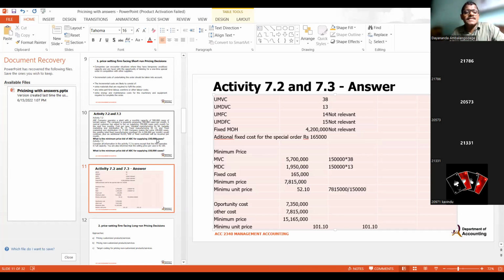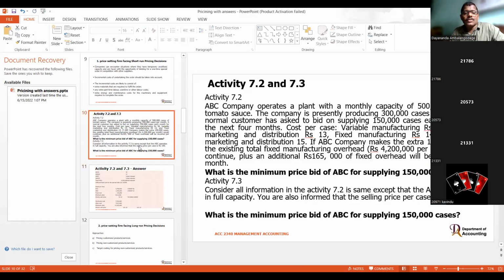So in the second case, what is the minimum price bid of ABC for supplying 150 cases? Second case is that consider all information in the activity 7.2 is same, except that the ABC operates in full capacity.